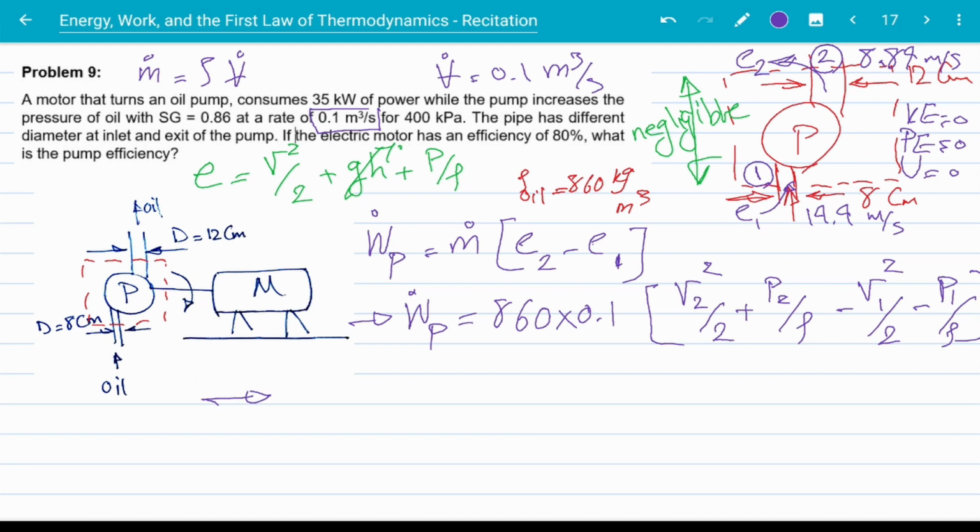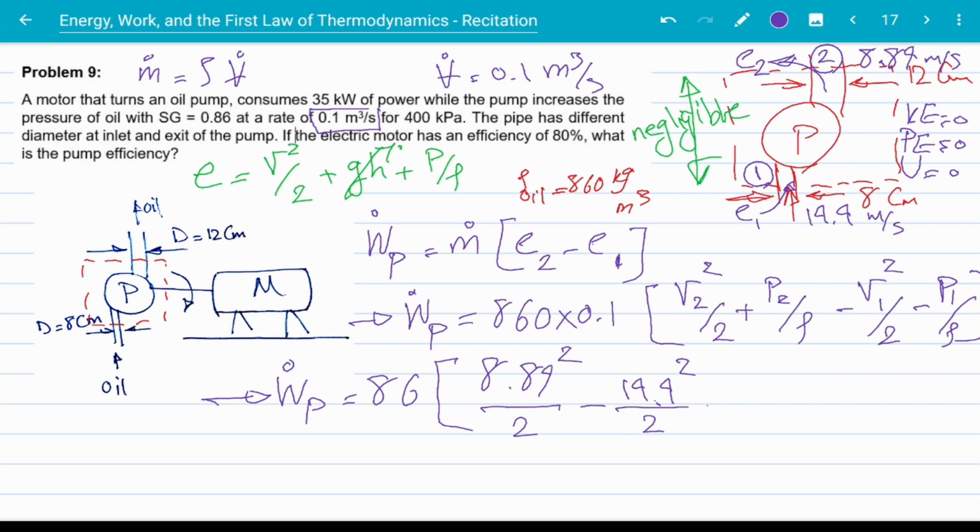So let's plug in some numbers. W dot of the pump is 86 times 8.89 squared over 2 minus the velocity at section 1, which is 19.9 squared over 2, plus the pressures are unknown. So we can bundle them up here and say P2 minus P1 over 860, which is the density of the oil.